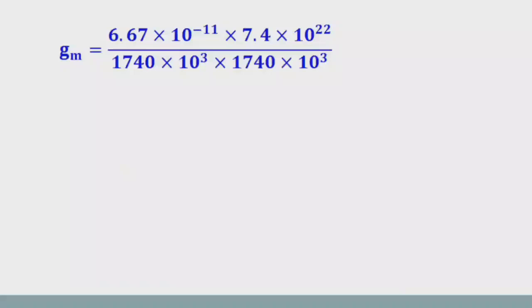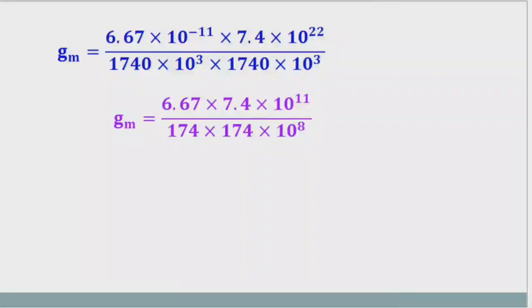Here in the numerator, 10 power minus 11 is there and 10 power plus 22 is there, so it will become 10 power plus 11. And in the denominator, 10 power 3 into 10 power 3 will become 10 power 6. In 1740, 10 is there; in the other 1740 also 10 is there. So we can write 174 into 10 power 1, 174 into 10 power 1. So in the denominator it will become 10 power 6, 10 power 1, 10 power 1, total 10 power 8.